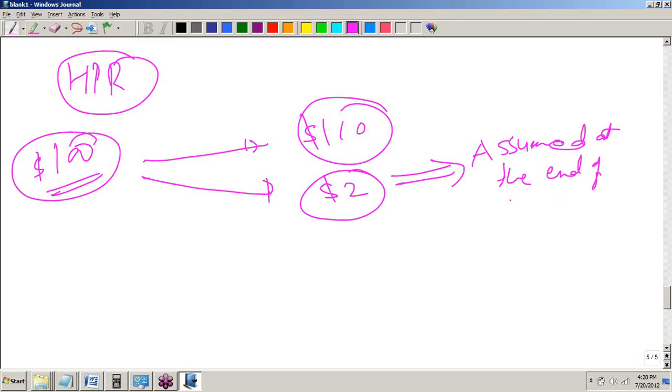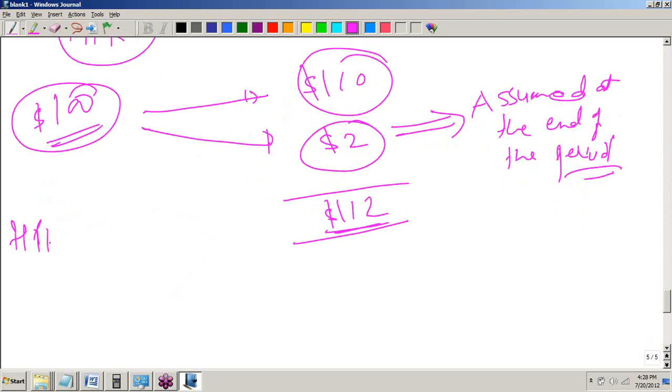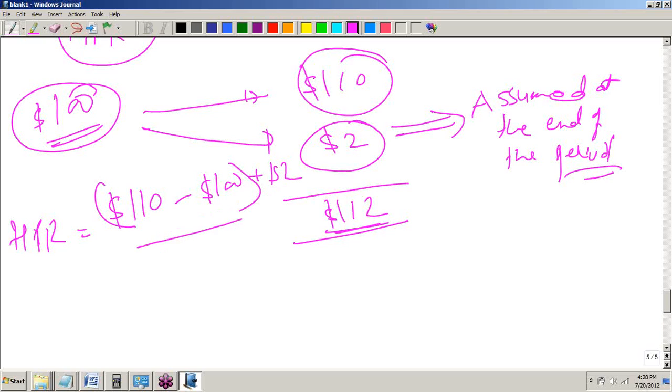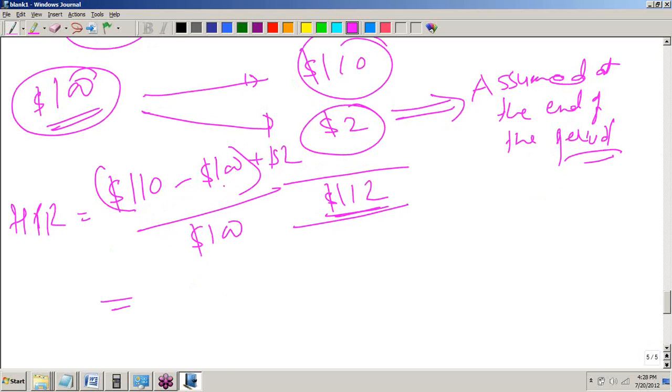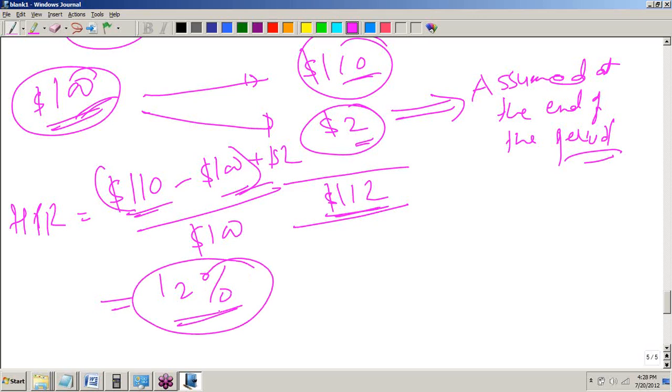So HPR is $110 minus $100 plus $2, divided by $100. 110 is P1, 100 is P0, and 2 is the dividend, so your holding period return is 12%. I have not specified the period; it can be anything. Let's say it's 1 year, so in 1 year you have generated 12% return. Making sense?